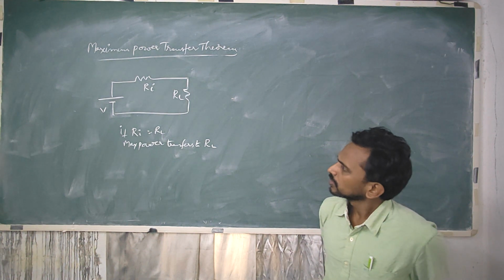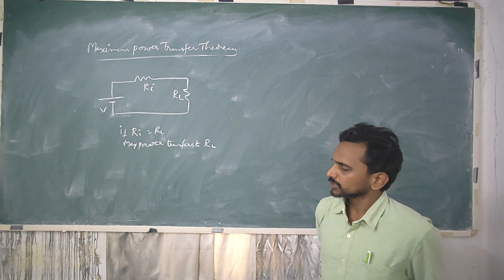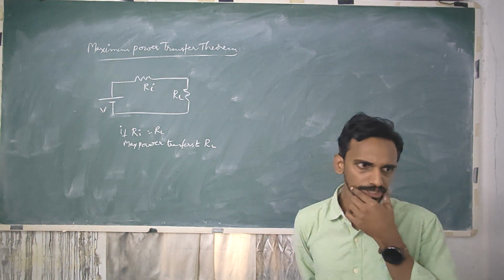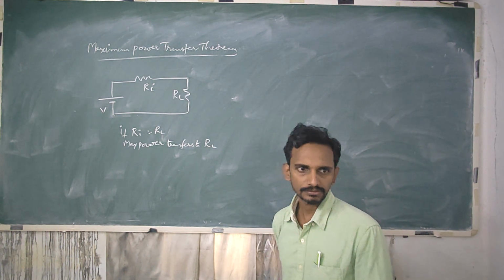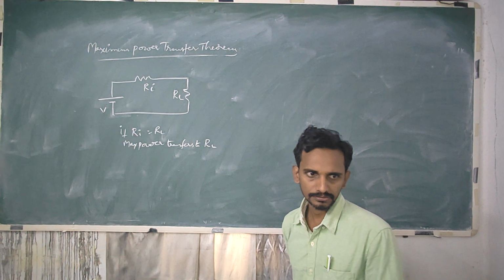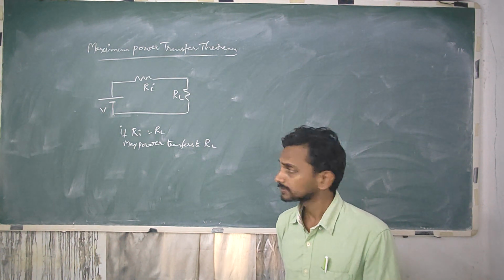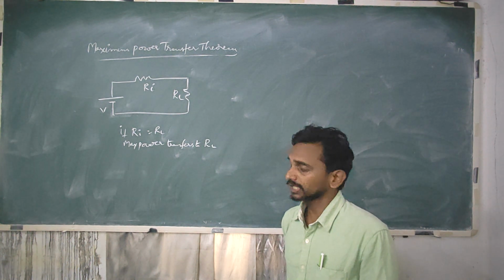So now, which one should we take as a variable? What is the variable? Ri or RL? So Ri is the variable.